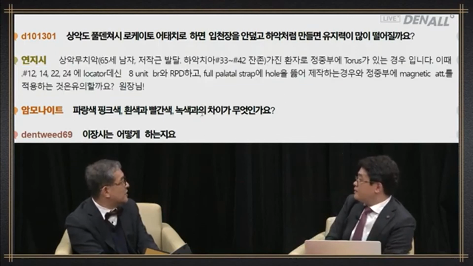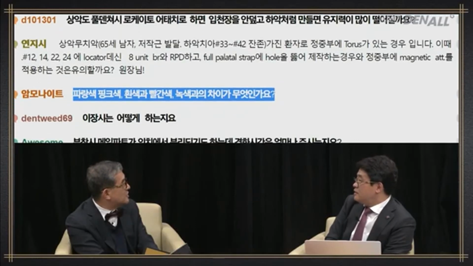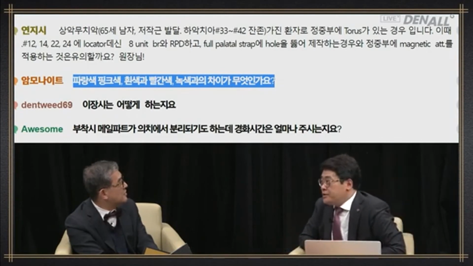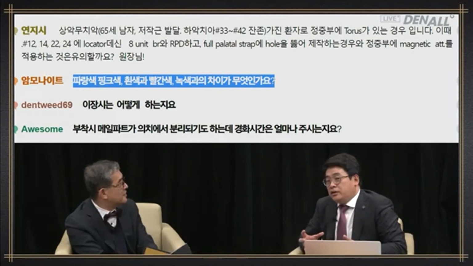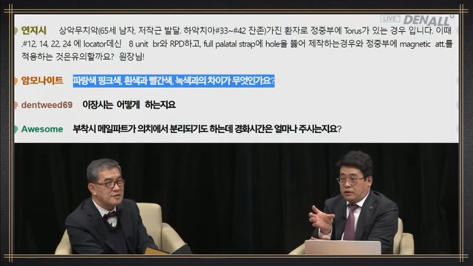ID ammonite. Blue, pink, white, red, green. What is the difference? It is the retentive force. Green. Green and red. In locator, it is angled male. In locator attachment, there's only straight top.